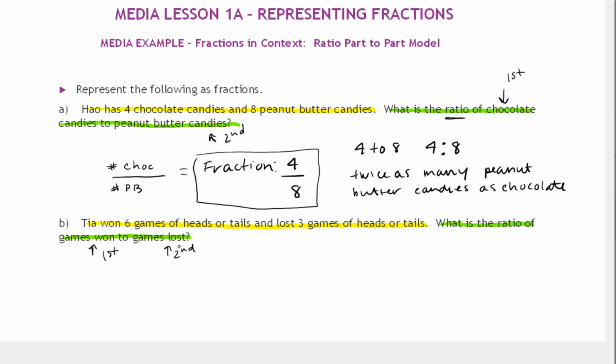So as a fraction, this is number of games won over number of games lost. Okay, and it says she won 6 games of heads or tails, and she lost 3 games of heads or tails. Okay, and this is our fraction.